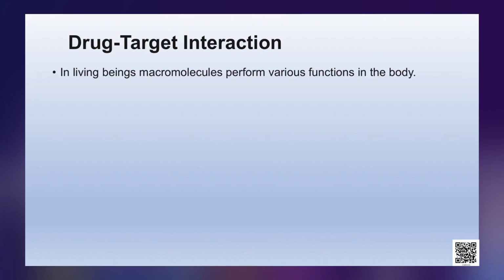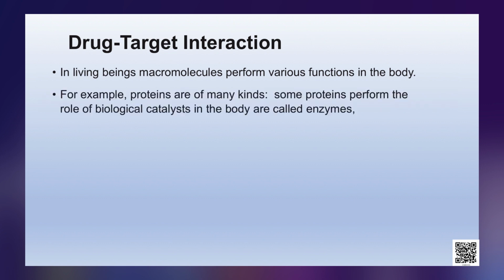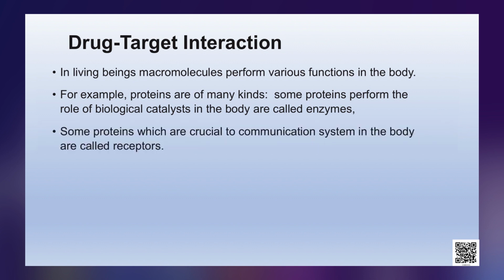Dear children, now we will discuss drug-target interaction. In living beings, macromolecules perform various functions in the body. For example, proteins are of many kinds. Do you remember what performs the role of biological catalyst in the body? These are proteins which are called enzymes. Some proteins which are crucial to the communication system in the body are called receptors.